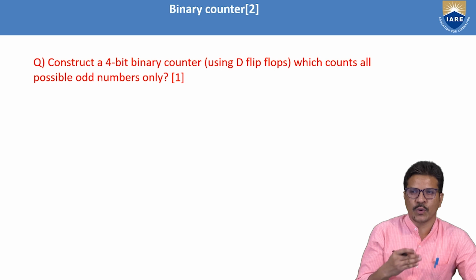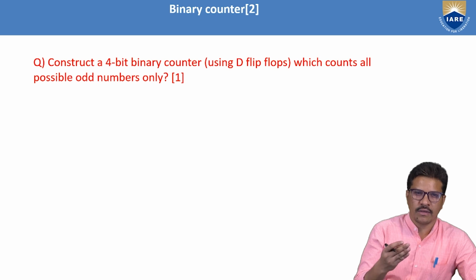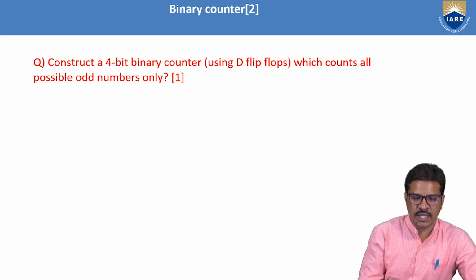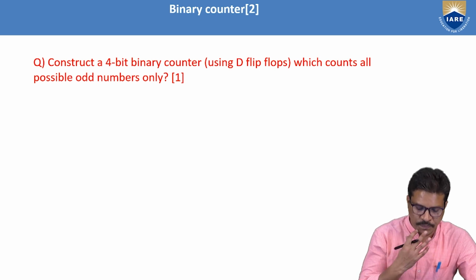Whenever the circuit is initiated at 0, it starts counting only odd numbers. If 1 is the present state, the next state is 3. If 3 is the present state, the next state is 5. So it will generate only odd numbers at each state.